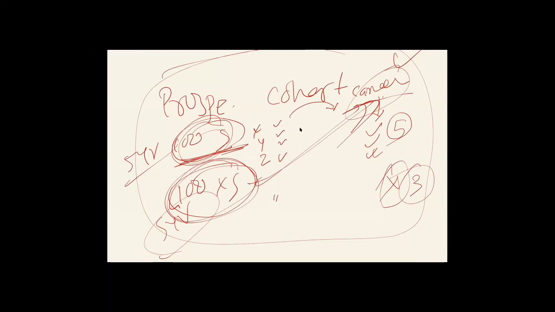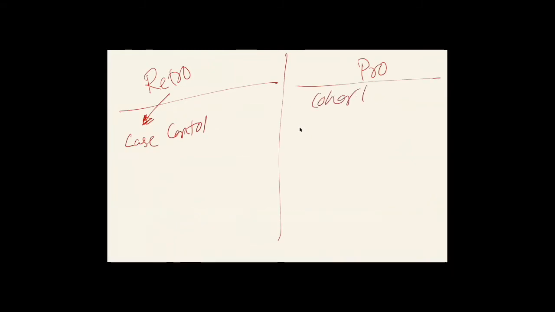Let me just give you the brief again when I talk about retrospective and prospective. Here I can have number 1, case control, and here I will have mostly cohort. And in retrospective I will also put a cohort, but mainly, what is case control?